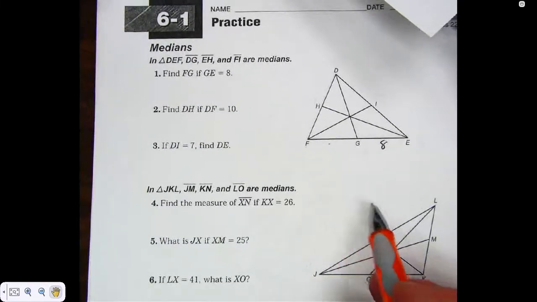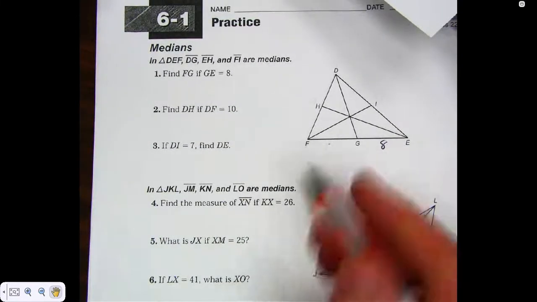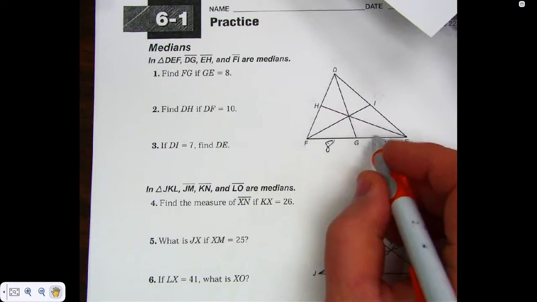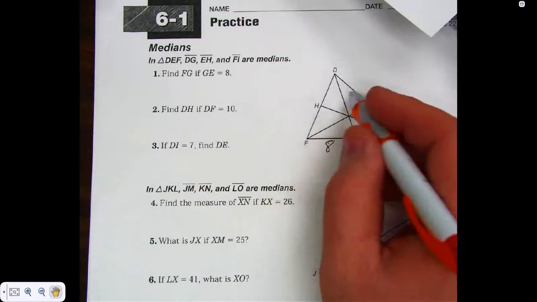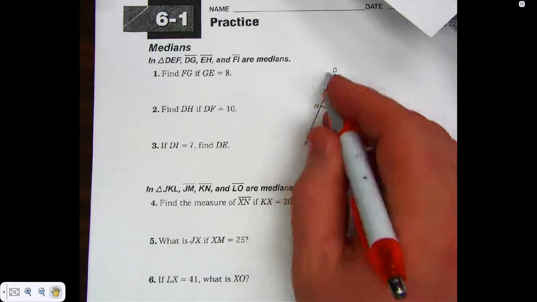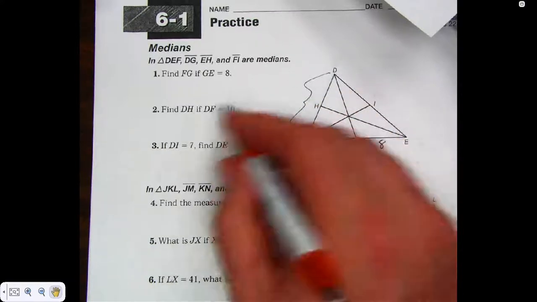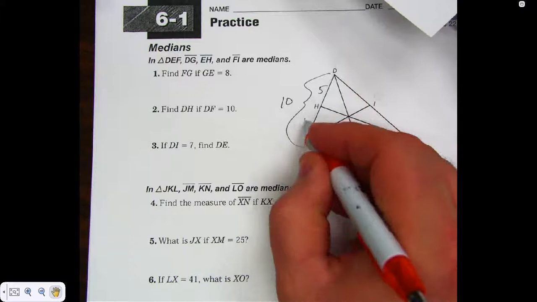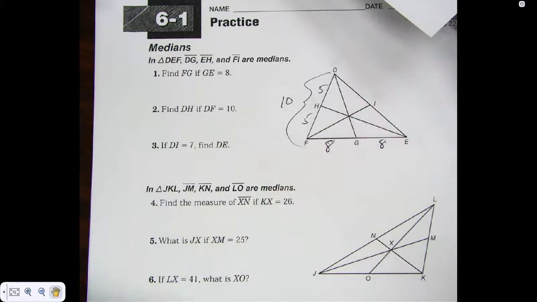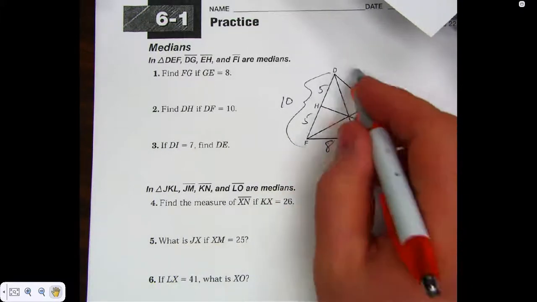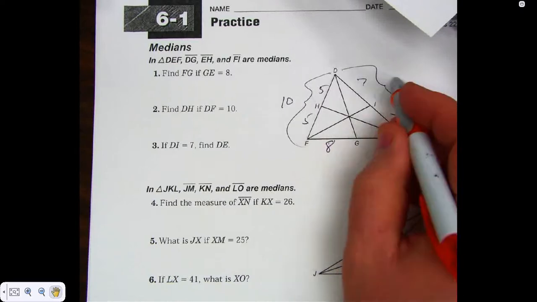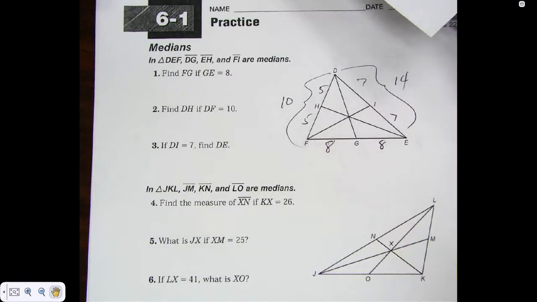If this one's 8, what's this one? Because it's a median, that means it cuts it in half, right? Okay, D to F, that's from here to here, is what? What's D to H then? DI is 7, what's DE? That makes this one what? Taking the whole thing? You guys can do that, can't you?